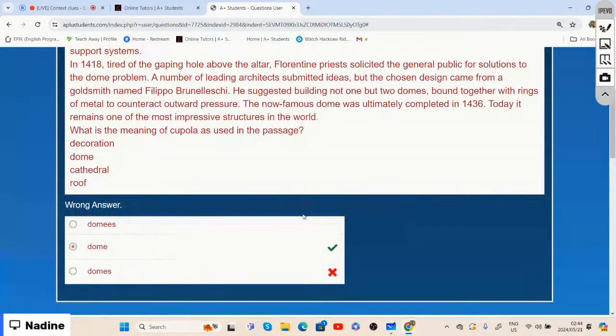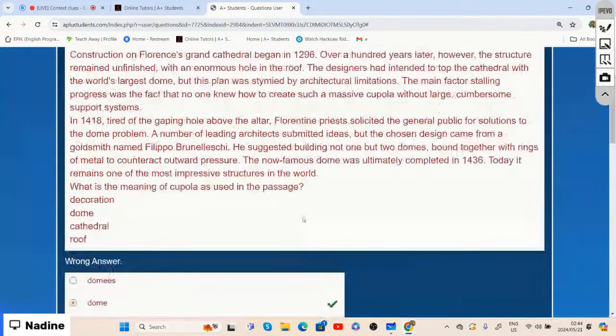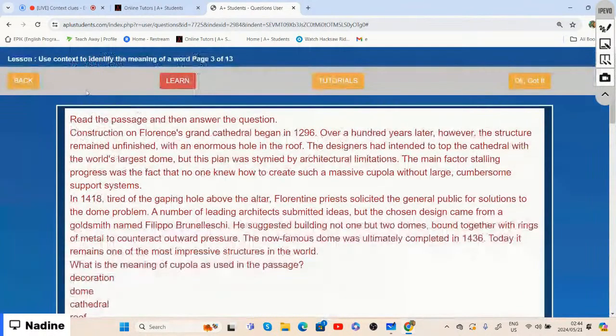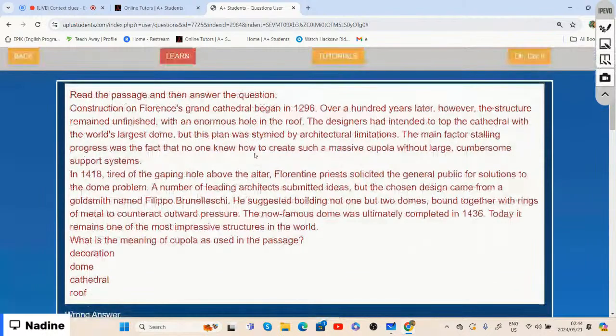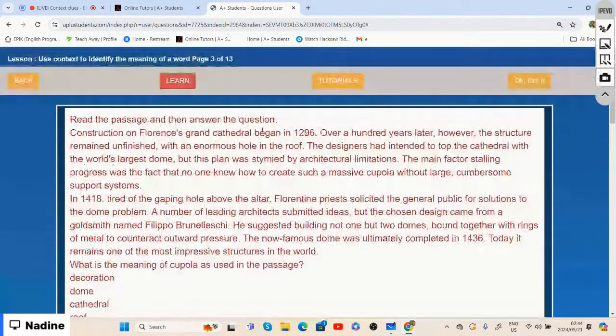It's a dome, as we mentioned, because if we look at that sentence, no one knew how to create such a massive cupola without large, cumbersome support systems.